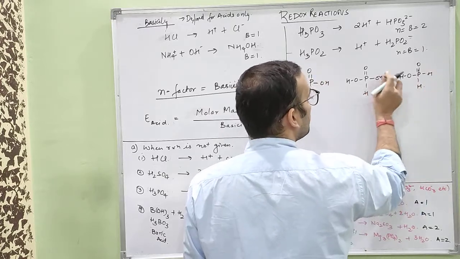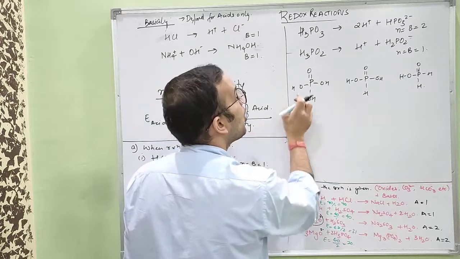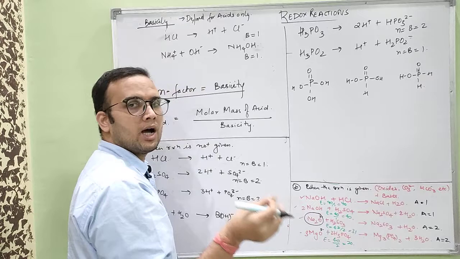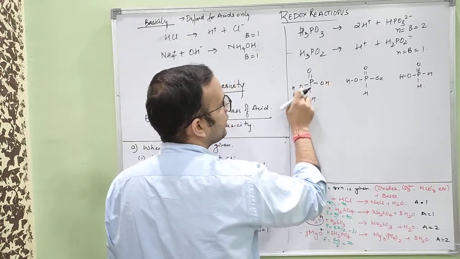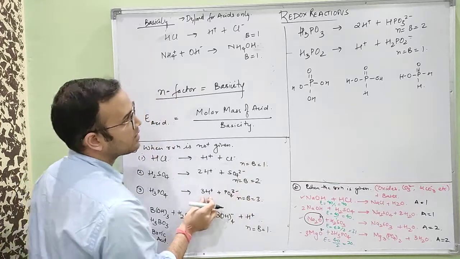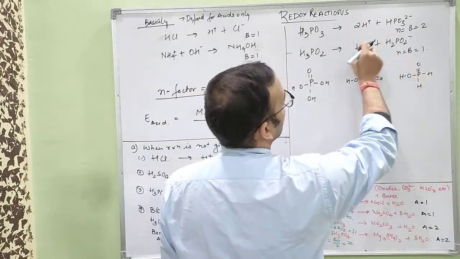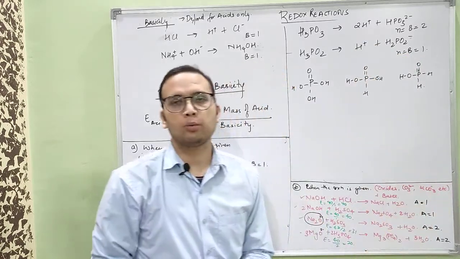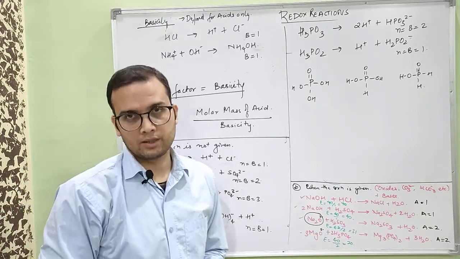So only those H atoms or ions which are connected to O can be given out as H plus ions. Here we have 3 H which are connected to O, that's why it can give 3 H plus ions. Here we have 2, that's why it can give 2. Here it is 1. The ones which are attached to P directly, they cannot come out as H plus ions. Got it? So that's the reason.